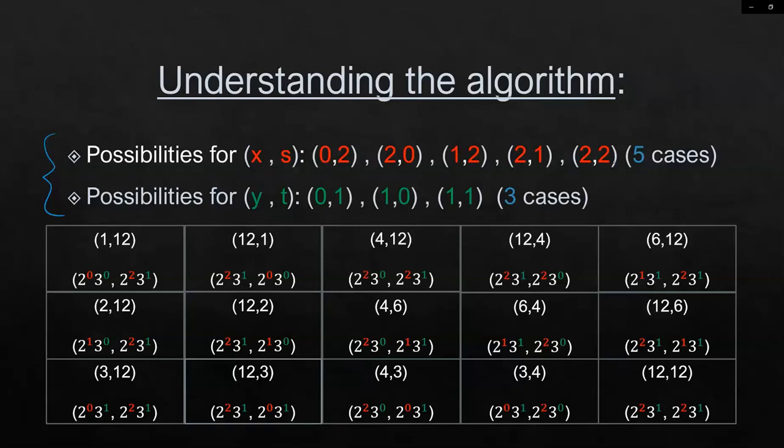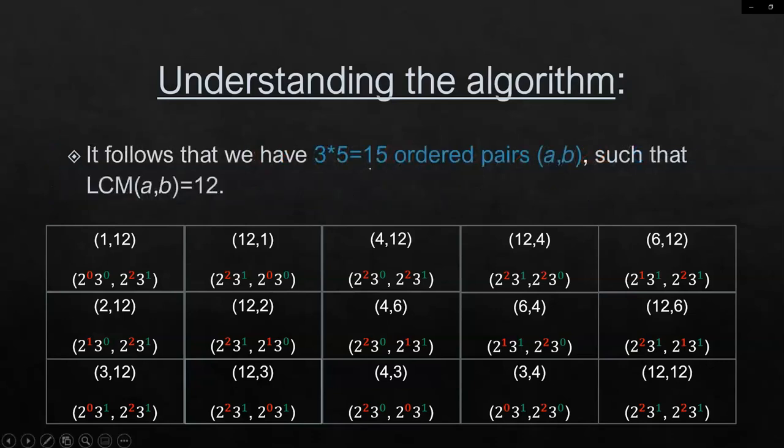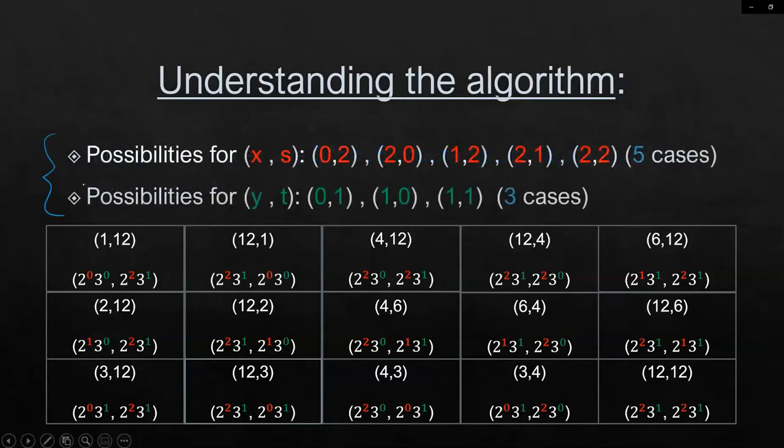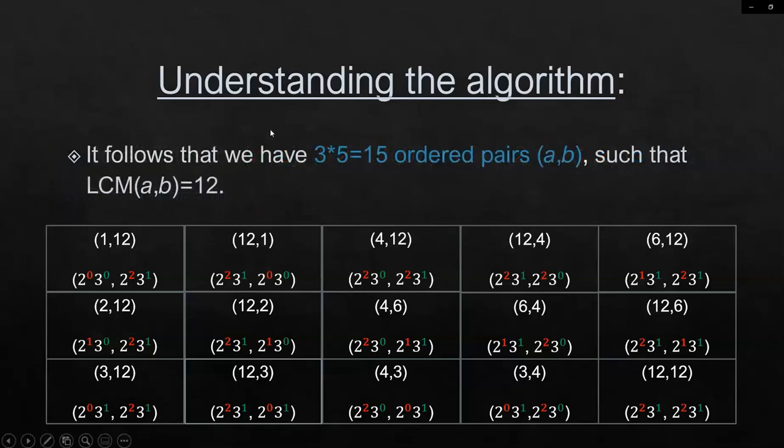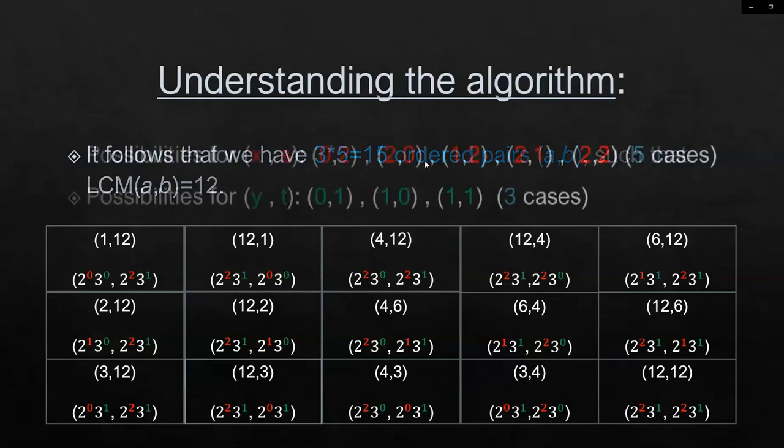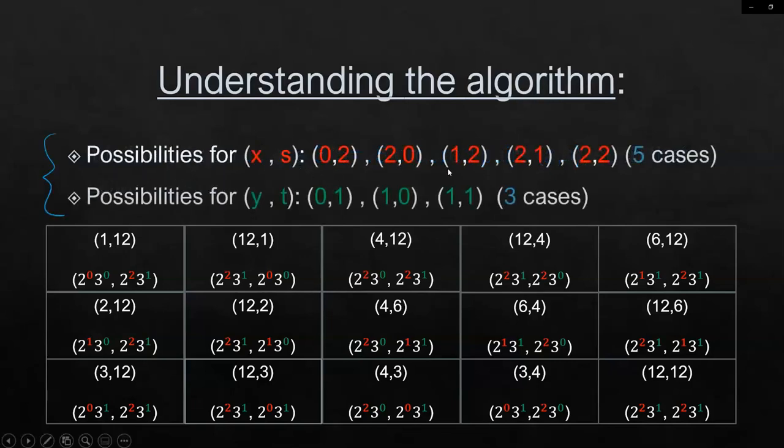Since we have 5 cases for the exponents of 2 and 3 cases for the exponents of 3, then we're going to have actually 15 ordered pairs. It is exactly the ones that we found before, but I'm interested in why this happens. We found all the cases for the pair x and s, these are 5 cases, and all the cases for y and t, these are 3 cases.